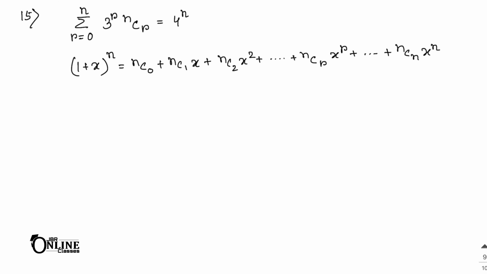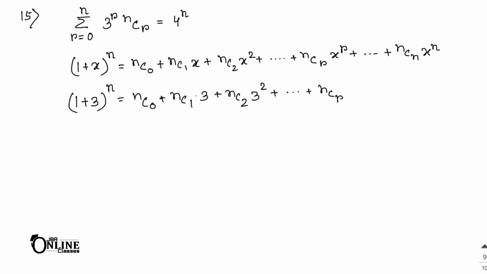Put x equal to 3, so it will be 1 plus 3 to the power n. Clear? So it will be now nc0, then nc1 into 3, then nc2 3 square, dot dot dot, ncr 3 to the power r, dot dot dot, ncn 3 to the power n.